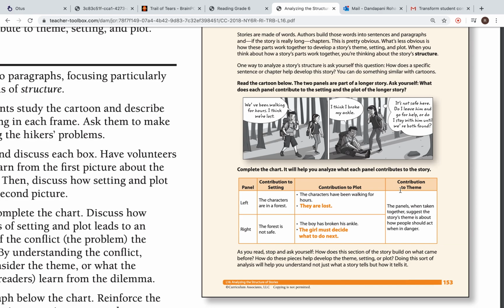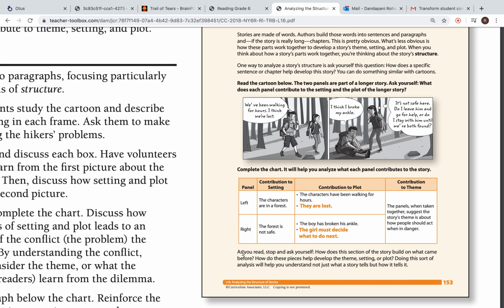Now, when we talk about both these cartoon panels put together, the entire thing, the theme we could say is that the panels, when taken together, suggest that the story's theme is about how people should act when in danger.